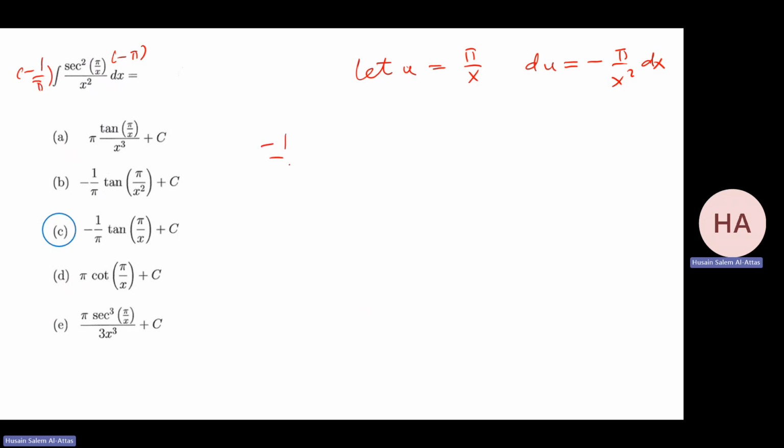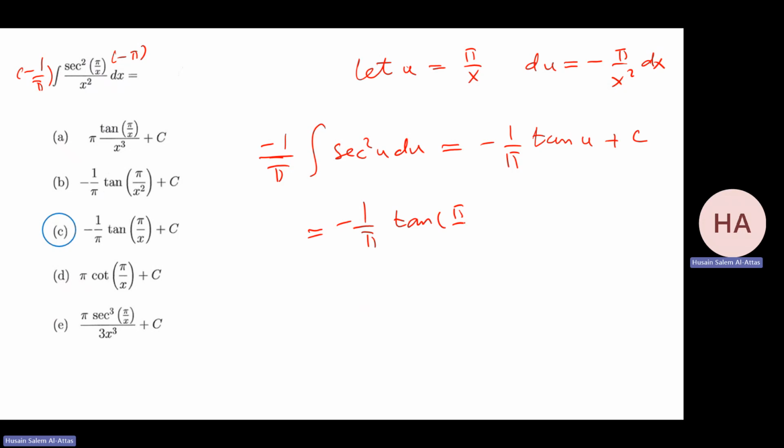So I'm getting minus 1 over pi times the integral of secant squared u du, which is tan. What's the integral of secant squared? It will be tan u plus c. That will be minus 1 over pi tan of pi over x plus c. So this is the answer.